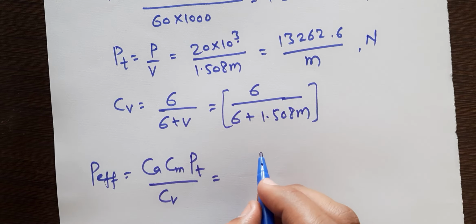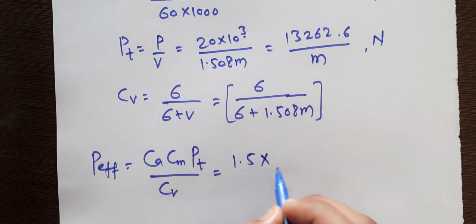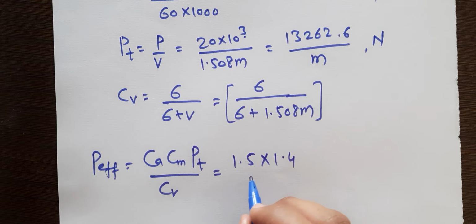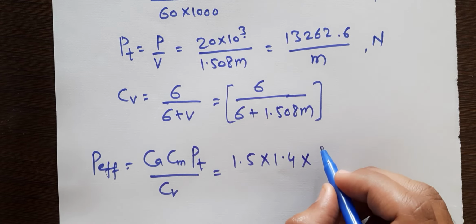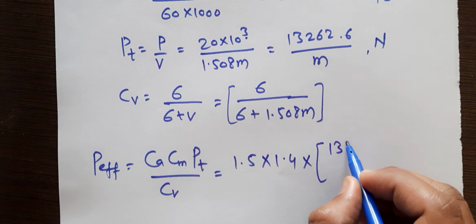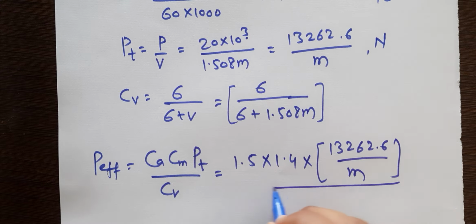CA is the application factor, given as 1.5. CM is 1.4, also given, and PT we have in terms of module, 13262.6 divided by module, divided by CV. Again CV we have in terms of module.